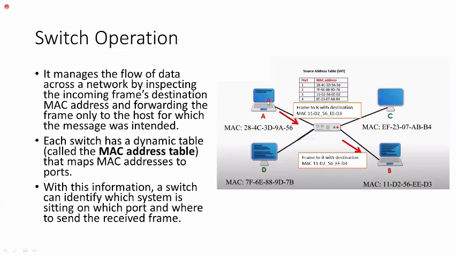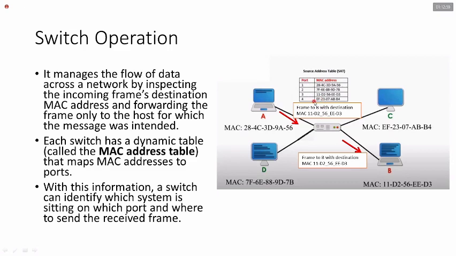So A will put the next hop address as B's MAC address, 11D256. When this frame comes to the switch, it will see, okay, this has to go to this 11D256 address. So which port of mine is connected to this? It will look at the SAT and then identify the port.